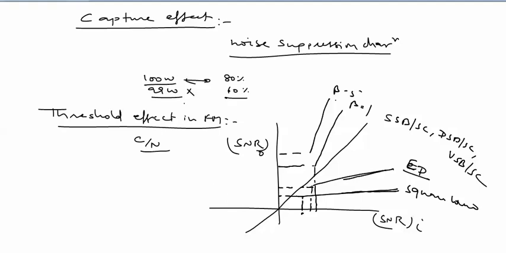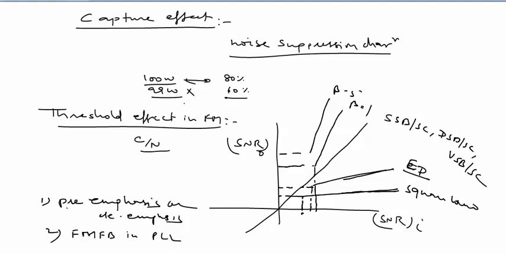We have two ideas to improve threshold effect: first, pre-emphasis and de-emphasis; second, feedback, FM demodulation with feedback, meaning PLL. We can improve, not eliminate.